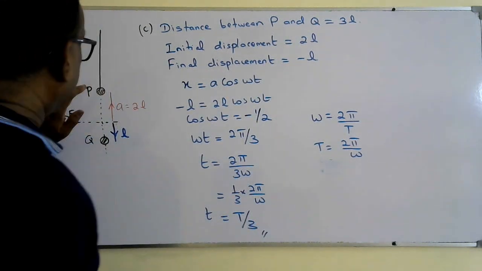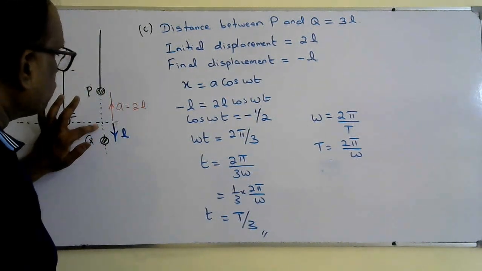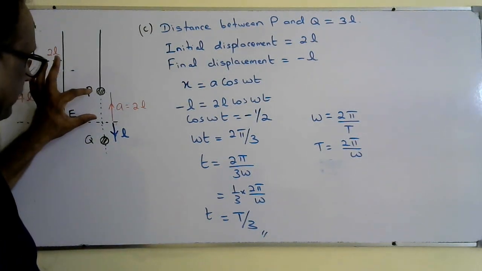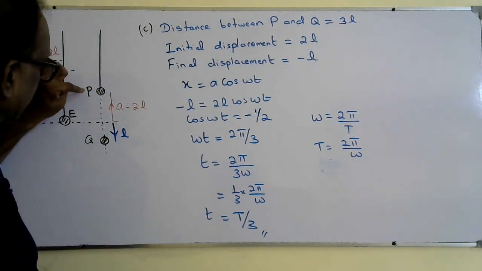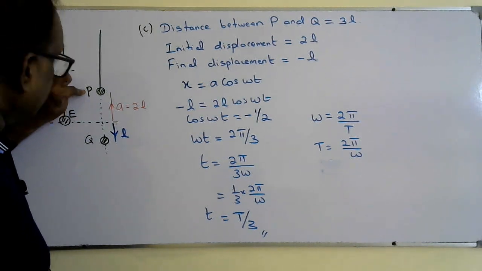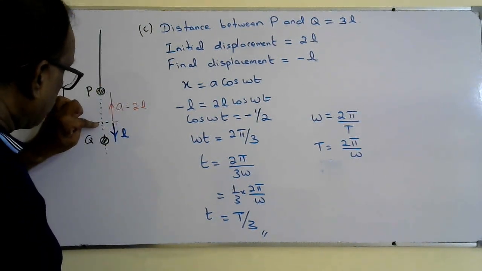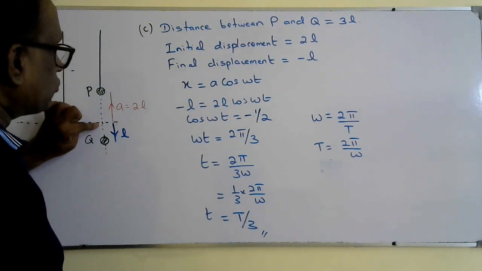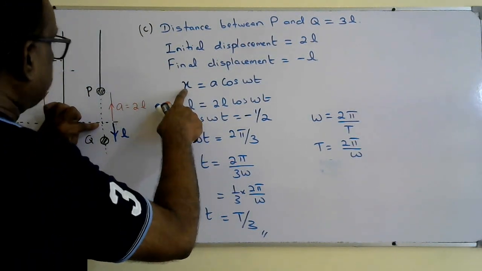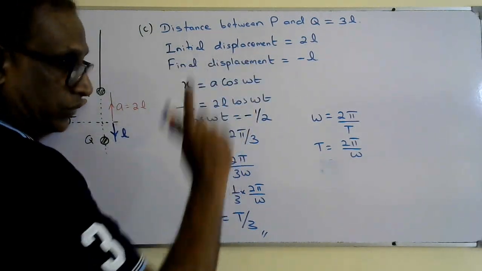Otherwise, you can find the time taken to move from E to E by using x equals a cos omega t, because initially it is at the extreme position, then it's moving from the extreme position where the amplitude is 2L to the equilibrium position. First, find it by using x equals a cos omega t, putting x as 2L, to find the time T1.